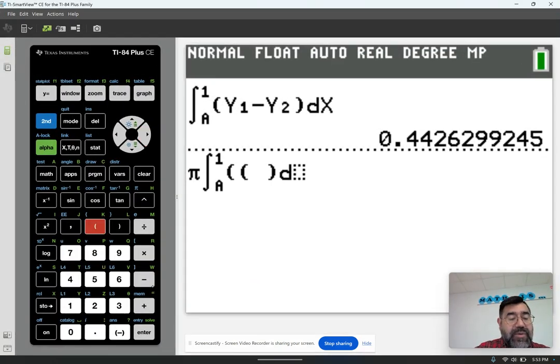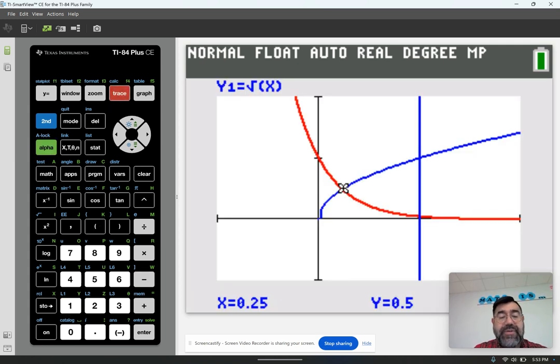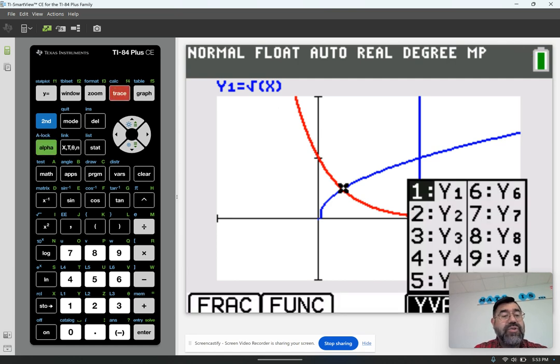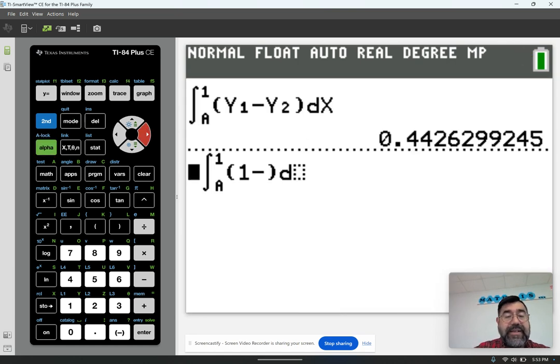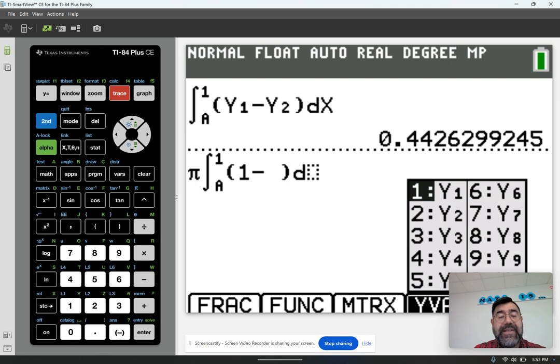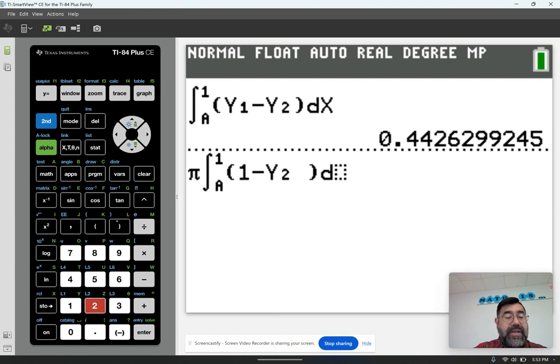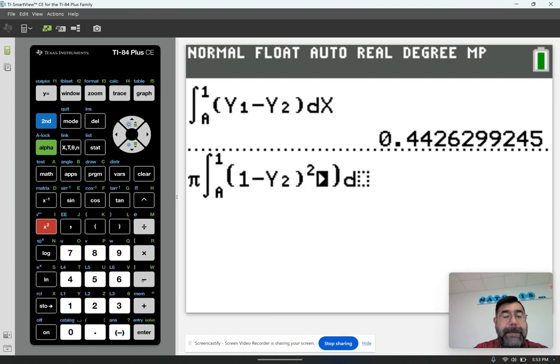Open parentheses, 1 minus, I believe it was alpha trace 2. I think I went outside. Yeah, I did, I'm sorry. It should be here, alpha trace 2. Close it and square it.